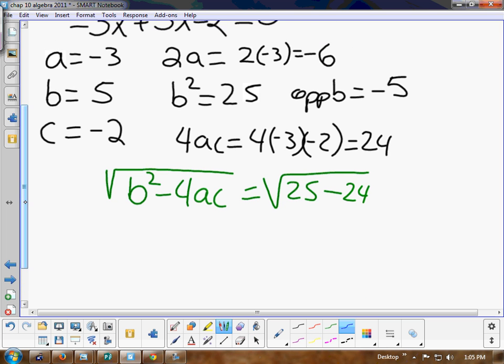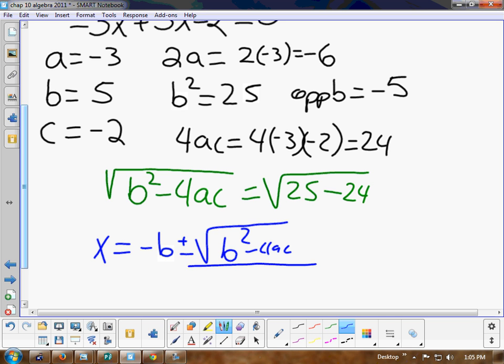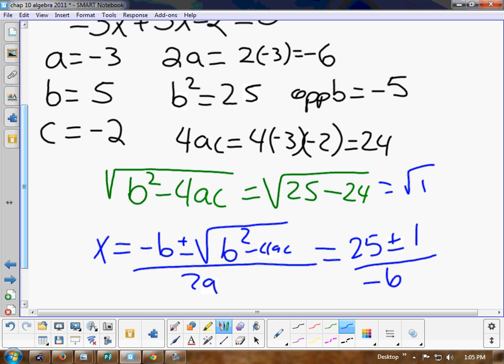So now we're going to have the quadratic formula. X equals negative B plus or minus the square root of B squared minus 4AC all over 2A. So B squared is 25 plus or minus the square root of, this is going to be the square root of 1, plus or minus 1 over negative 6.